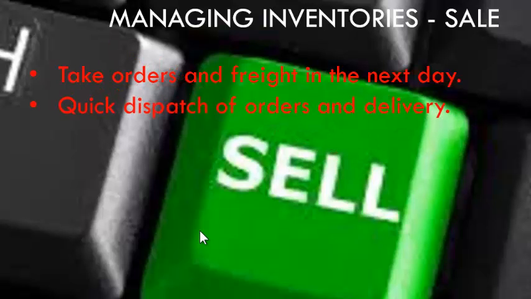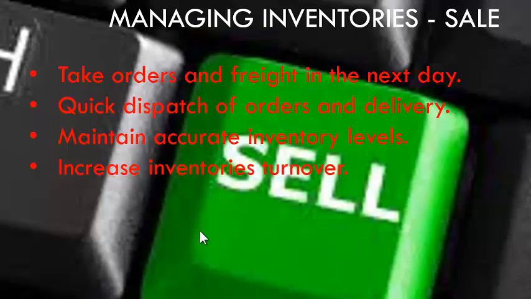You make sure that you get your orders away quickly and deliver them quickly, so customers are happy. And you also want to maintain accurate inventory levels. Quite often you go into a store and they say they've got something there, but they physically can't find it. So it's important that you have accurate inventory levels to keep customers happy.